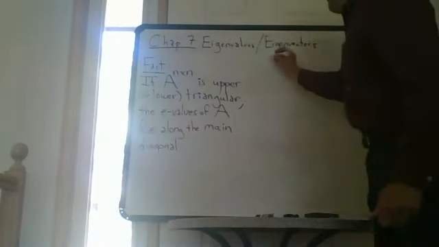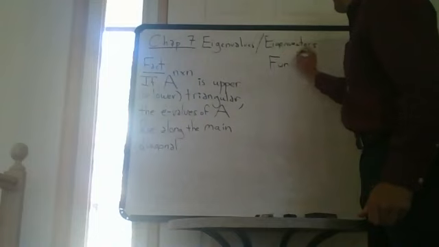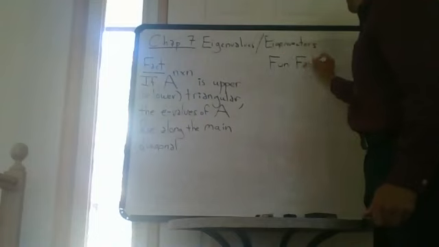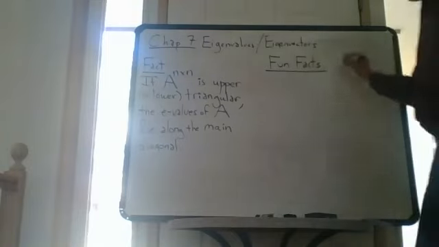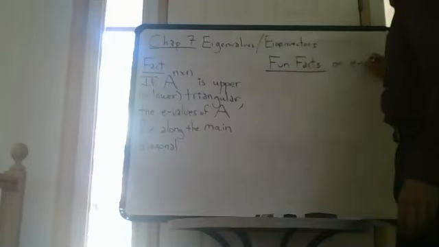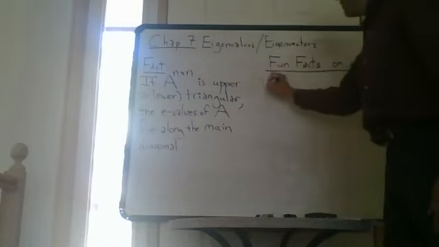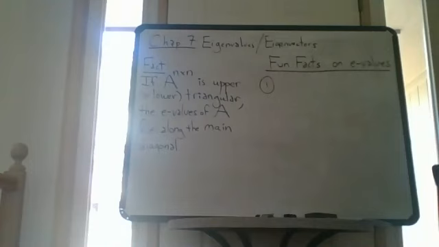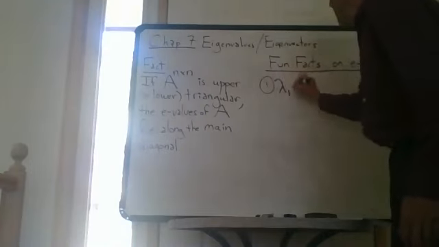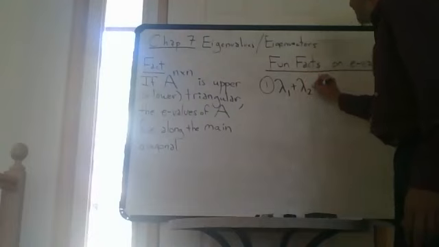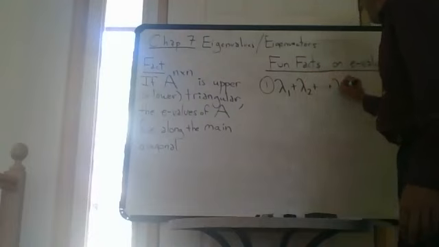So these are 2 fun facts about eigenvalues. A couple of fun facts on eigenvalues. Okay, so the first one is, if you add up all of the lambdas for your matrix.